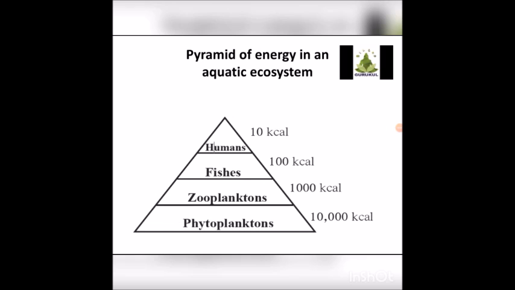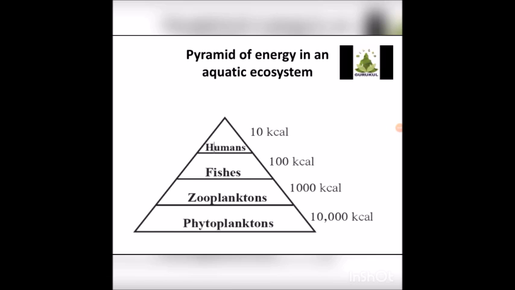Now, this is the pyramid of an aquatic ecosystem. If you study this pyramid properly, you will come to know that phytoplanktons, meaning the plants, have an energy level of 10,000 kilocalories. How much energy, students? 10,000 kilocalories.